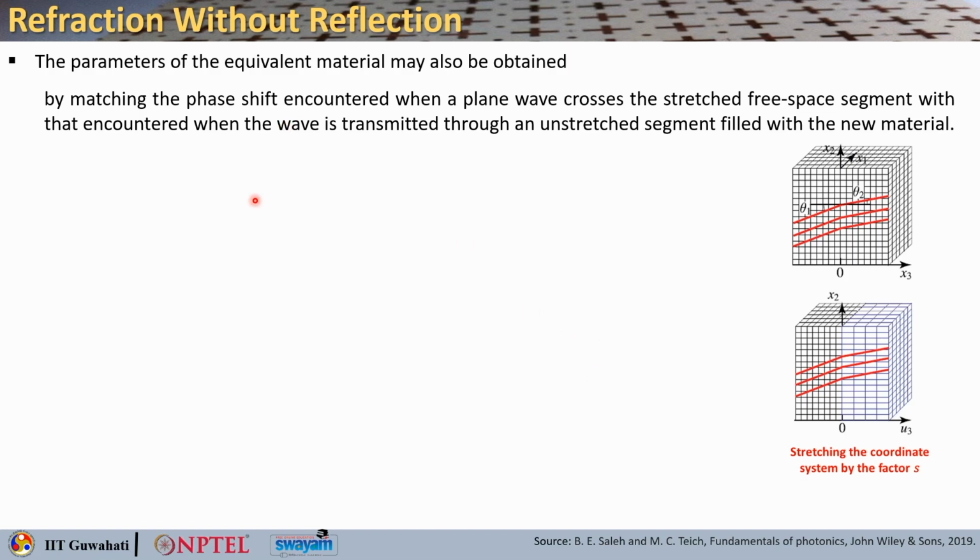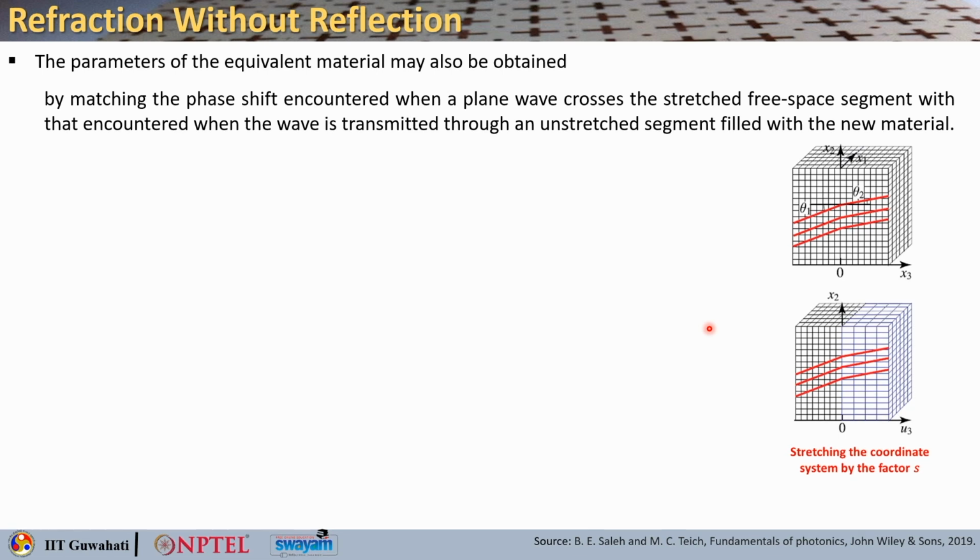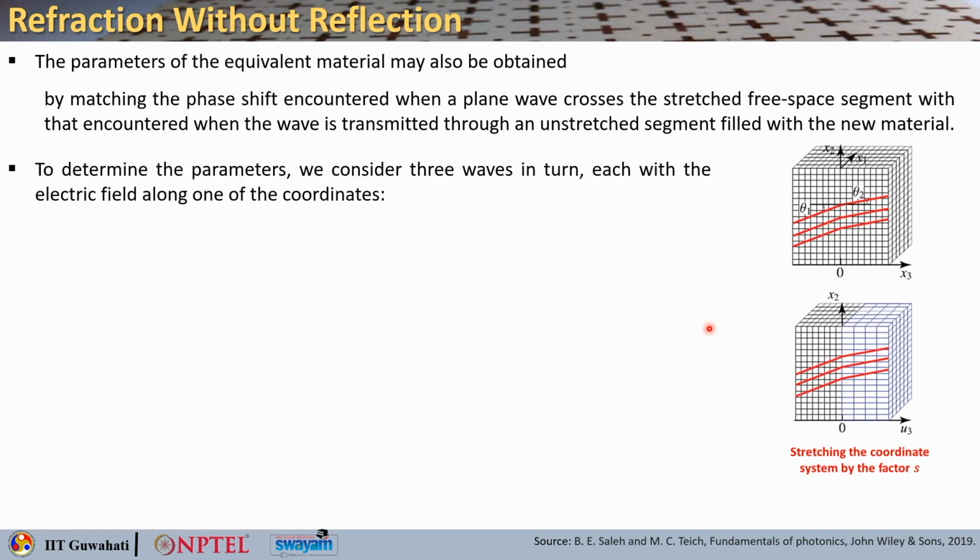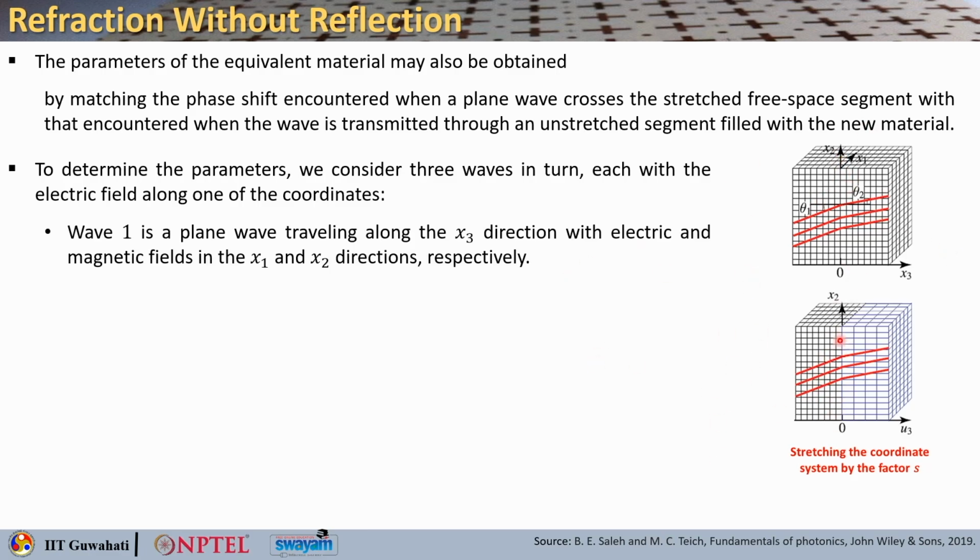That can be obtained by matching the phase shift encountered when a plane wave crosses this stressed free space segment with that encountered when the wave is transmitted through an unstressed segment filled with the new material. To determine the parameters, you have to consider 3 waves in turn, each with electric field along one of the 3 coordinates. So, we are now trying to do the matching of the phase shift.